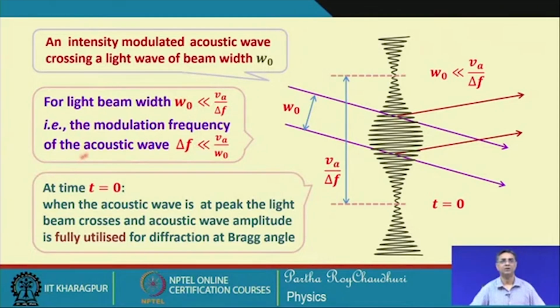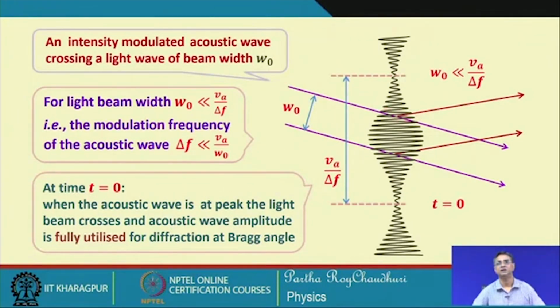You can see that. Now, let us consider the time when the optical beam is always here, but the acoustic beam is travelling through it. When the optical beam is just crossing through the middle of the acoustic wave, with the peak position here, let us call this timing time t equal to 0. Then the acoustic wave is at its peak, the light beam crosses, and the acoustic wave amplitude is fully utilized.